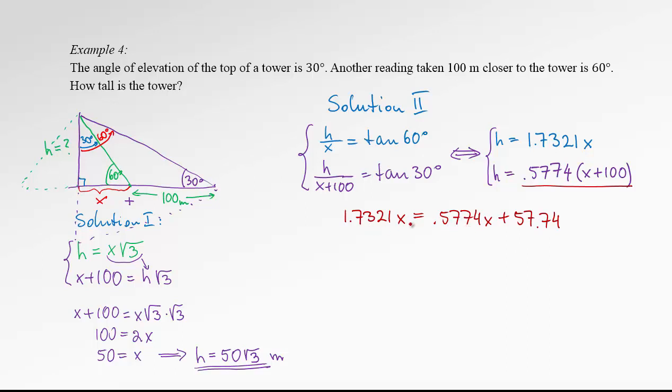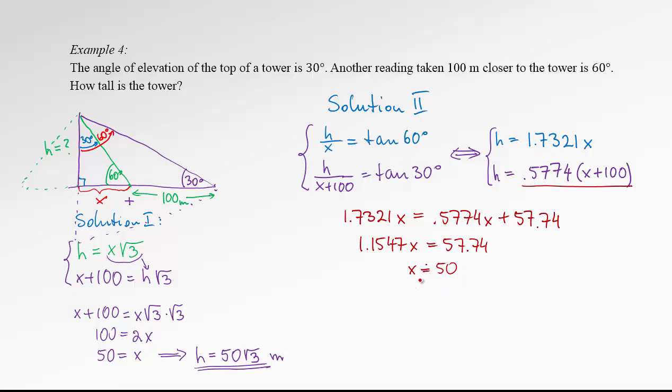Next step would be to collect all x's, so it's this number minus that number. Let's use our calculator. That becomes 1.1547 of x equals 57.74, and x by itself is 57.74 divided by 1.1547, which turns out to be approximately 50. There is a small decimal after 50, but this is because of rounding the tangent values before, right?